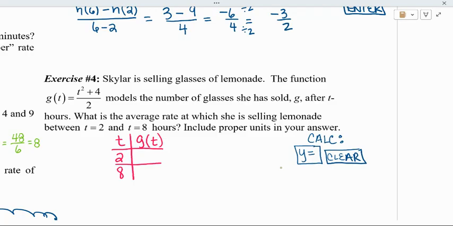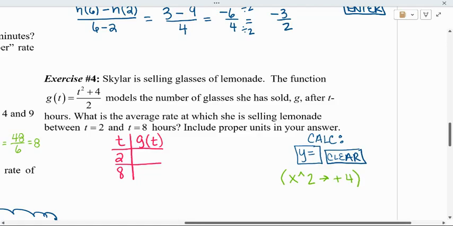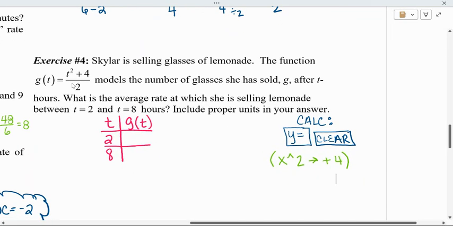So you're going to type in parenthesis x caret 2 arrow plus 4 parenthesis. You have to let the calculator know that t squared plus 4, all of that is being divided by 2. And then you're going to press the second graph button.